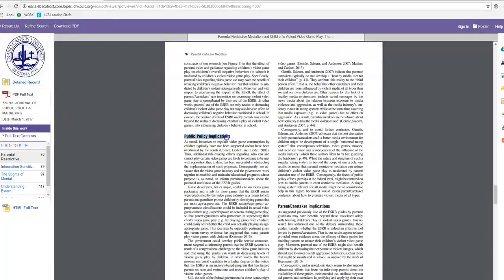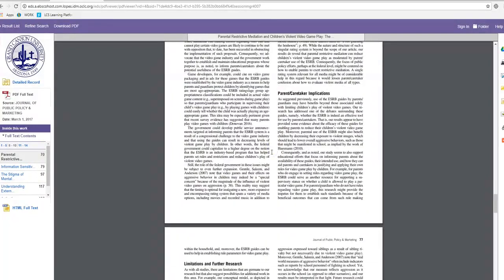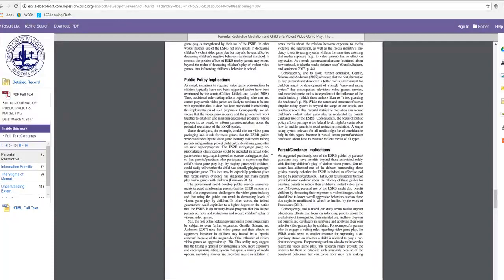Now you'll see stuff like implications or suggestions, and basically what that's saying is, this is what we found from our study. This is what we recommend government to do, or parents to do, or whoever the participants are, or even what future researchers should do when they're looking to conduct a study on a similar topic.